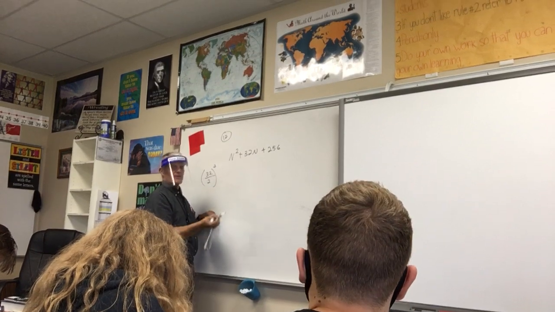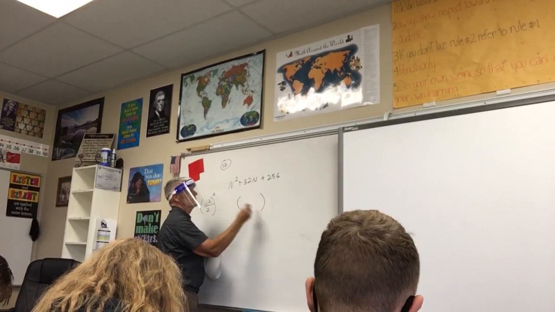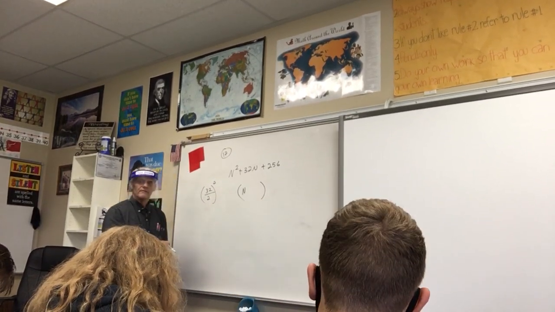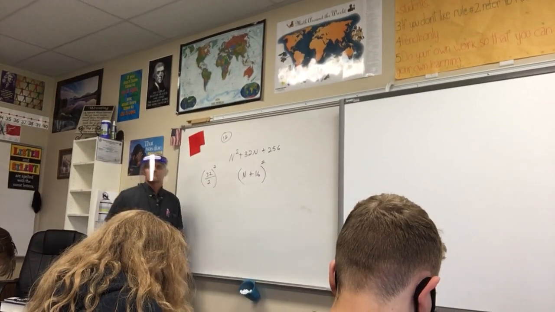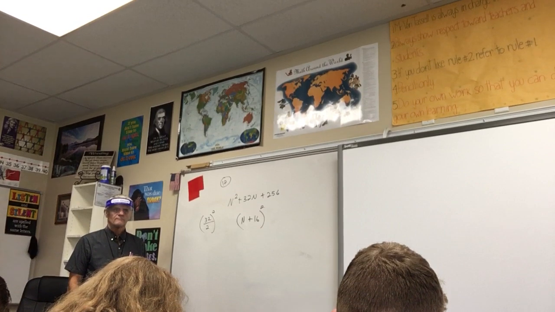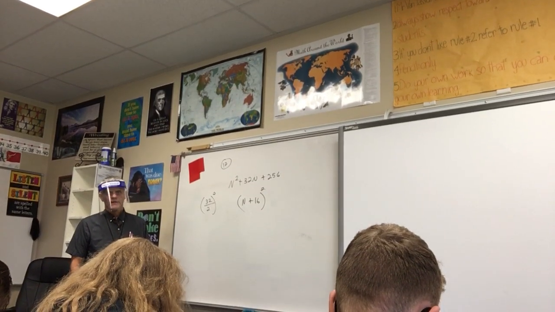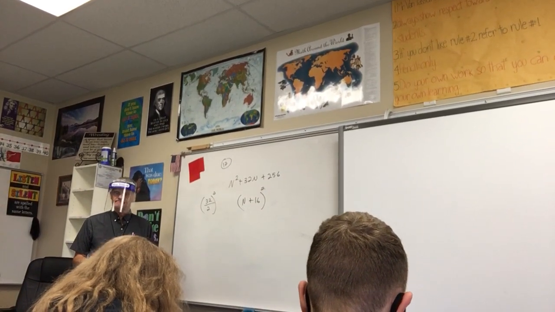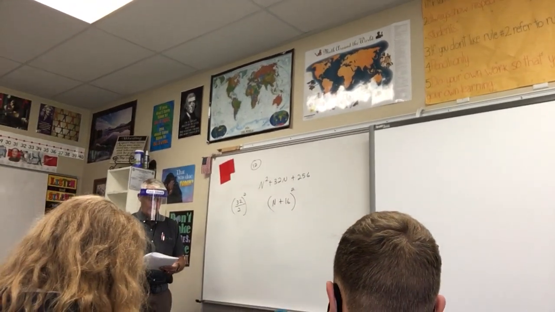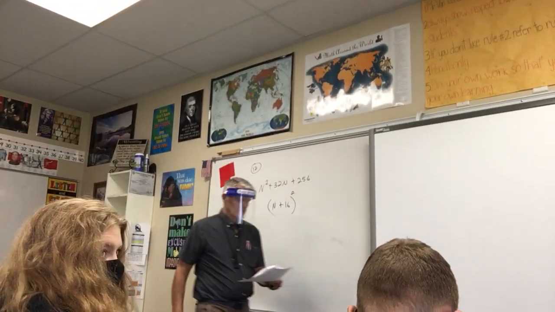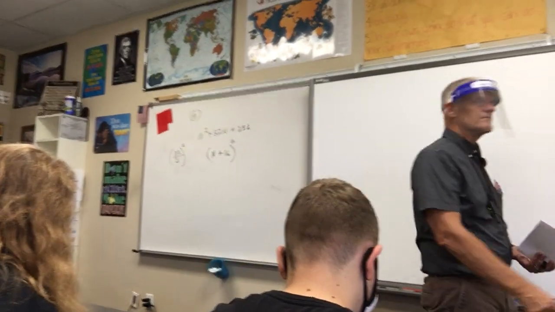So my answer, my square, is n plus 16, squared. I'm done. Yeah, it's simple for now, and then you flip the page. Chase, it's literally what we did last week. Oh, really? Let's do 17.